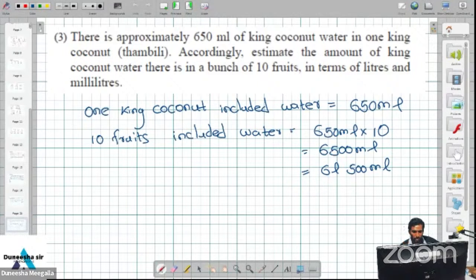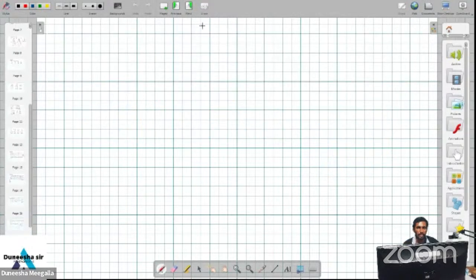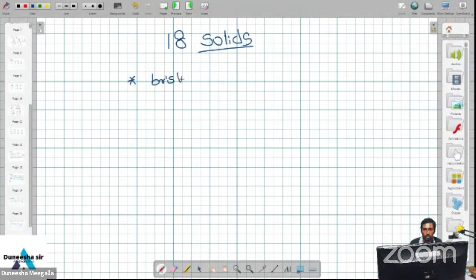Then we have to start the 18th lesson, solids, but I think today we should not continue because after the next lesson you have to bring a Bristol board for creating the solids. So Bristol board. Next week we need this, okay.